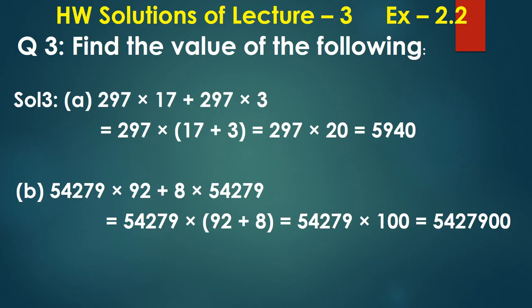And inside the bracket 92 will come. Then plus sign will come as the plus sign is given. And then 8. So it is 54,279 multiplied by 100. And you will get the answer 54,27,900. It's C part.